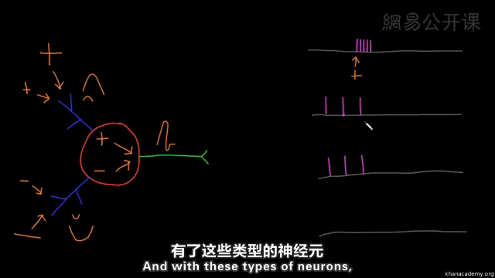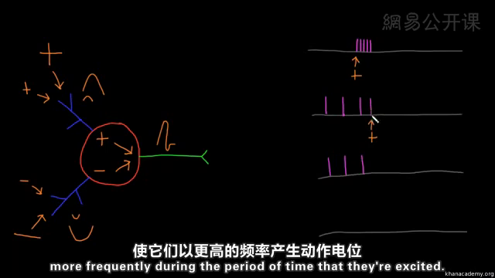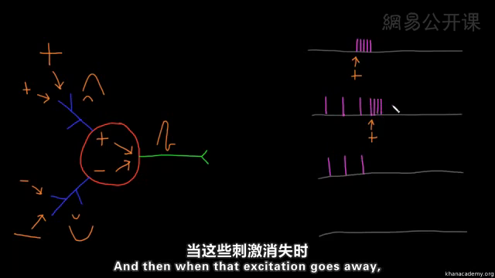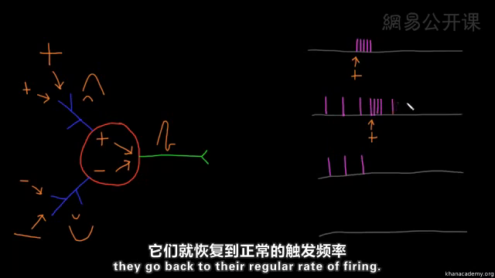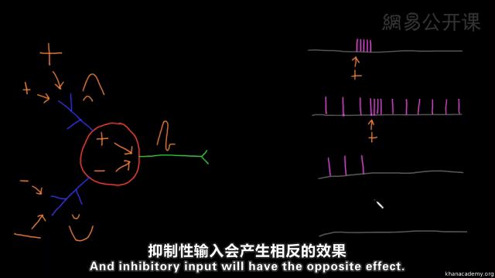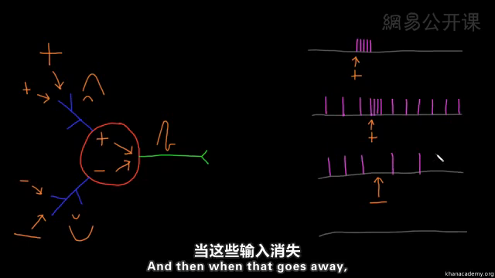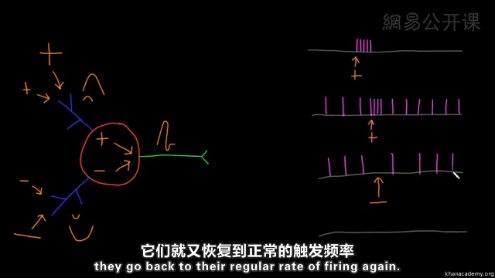With these types of neurons, excitatory input will cause them to fire action potentials more frequently during the period of time that they're excited. And then when that excitation goes away, they go back to their regular rate of firing. And inhibitory input will have the opposite effect. That will slow down their firing during the period of inhibition, and then when that goes away, they go back to their regular rate of firing again.